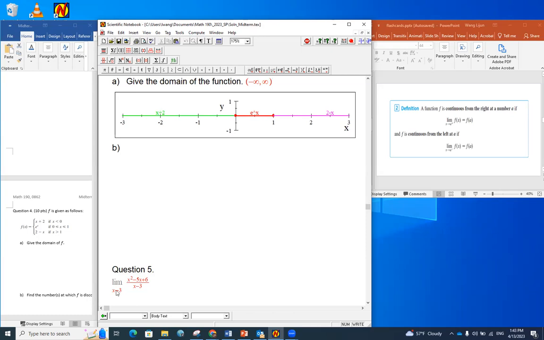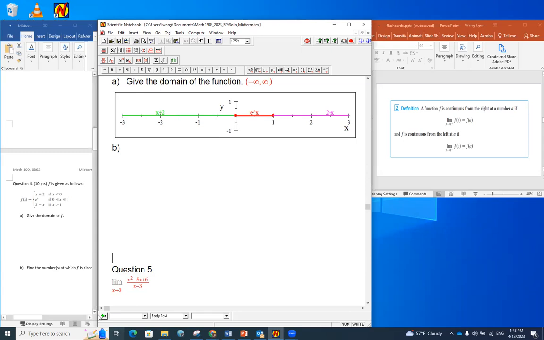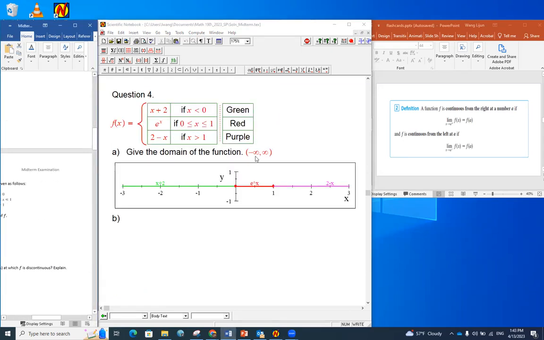Question B is about finding the numbers at which f is discontinuous. If you look at these intervals, the only 2 suspicious points are 0 and 1, where the pieces of the function meet.